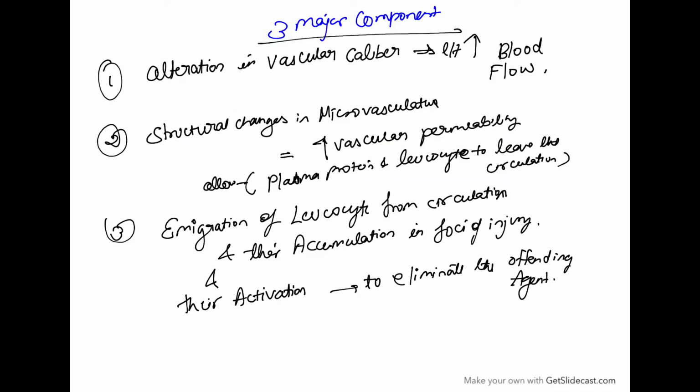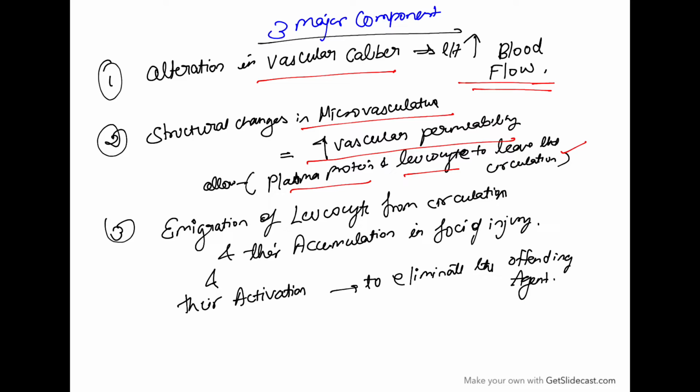Now, there are three major components in acute inflammation. The first is alteration in the vascular caliber leading to increased blood flow. Next, there are structural changes in the microvasculature which increase the vascular permeability so that plasma proteins and leukocytes can leave the circulation.